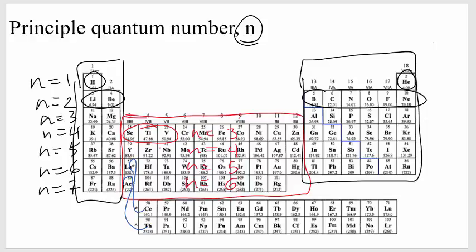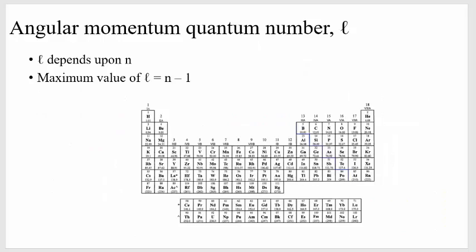Their principal quantum numbers are now offset by 2, whereas this top row of the inner transition metals has an n value of 4, and this one has an n value of 5. Okay, so those are the principal quantum numbers.